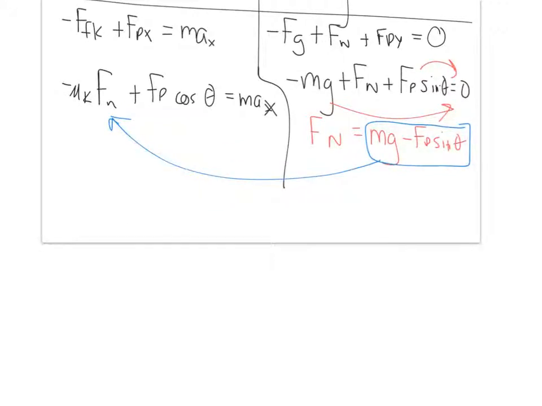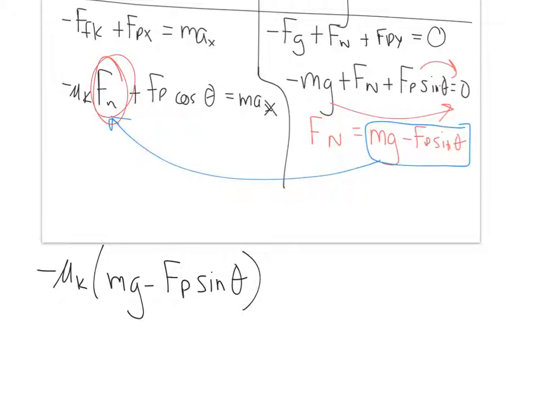As a result, I get this, negative mu k times that whole expression, mg minus Fp sine theta, that goes in for Fn. Remember, that's replacing this right here, plus Fp cosine theta equals m ax.